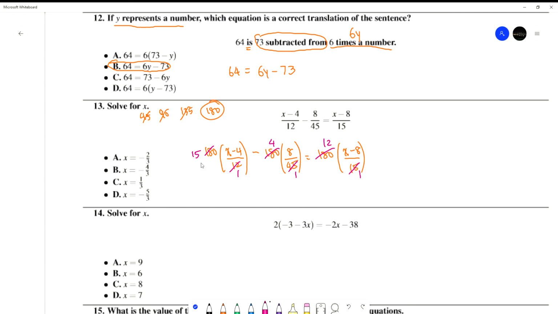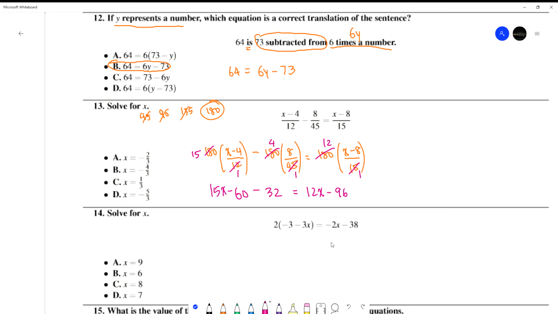Now I'm going to distribute 15 times x minus 4 gives me 15x minus 60. And then 4 times 8 is 32, so this is minus 32 is equal to 12 times x minus 8 is 12x minus 96, right?